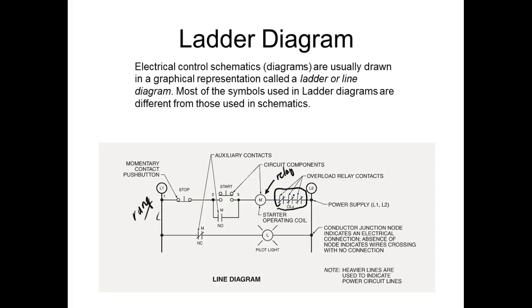So what does a relay do? What's a relay? Anybody know what a relay is? It doesn't necessarily have to be low voltage, but it can be. Right, but it works off electromagnetics. Y'all know what an electromagnet is? Y'all know the difference between a magnet and an electromagnet?